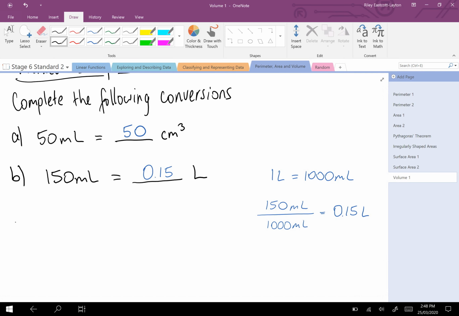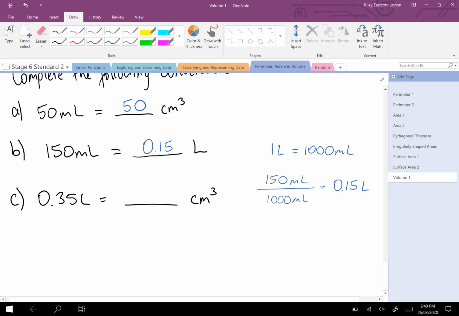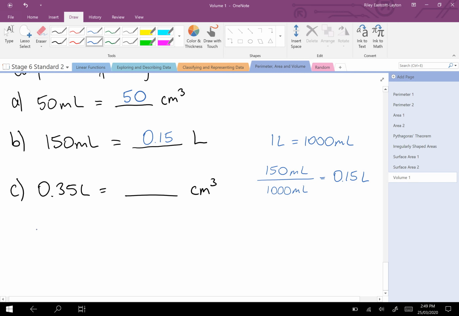Now finally, we've got 0.35 litres is however many centimetres cubed. Now we get to get into it. We might start off by saying 0.35 litres is how many mil?